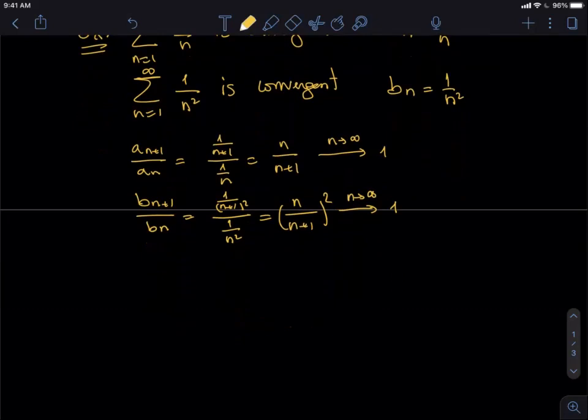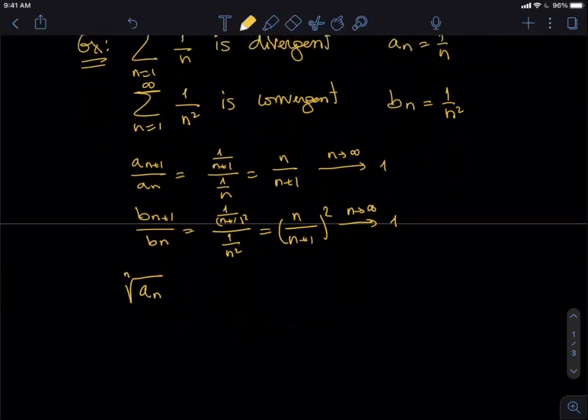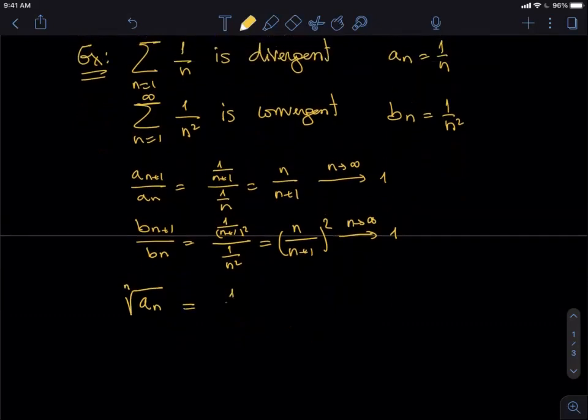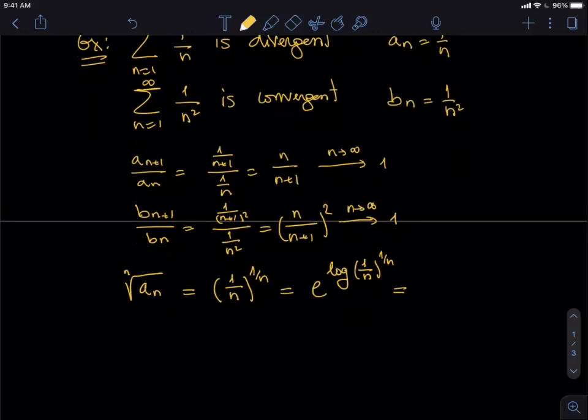Okay, we can also see, we take the nth root of an. This is 1 over n to the power 1 over n, which we can write as the exponential of the logarithm. This is the natural logarithm, but I prefer to write log instead of ln because otherwise there are too many n's around. So this is 1 over n times the logarithm of 1 over n.